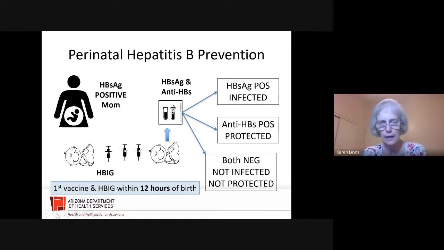Is the child protected, or are both negative because they're not infected but not protected? If you get surface antigen positive in the infant, unfortunately, that means the child has been infected. If they're antibody positive and surface antigen negative, that means they're protected, if they've got over 10, I believe it's 10 milli-international units.